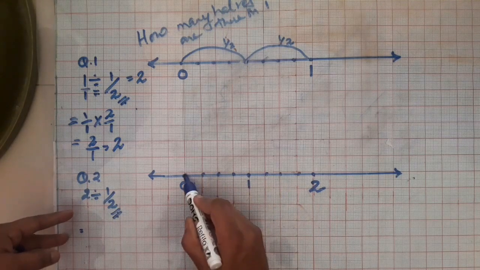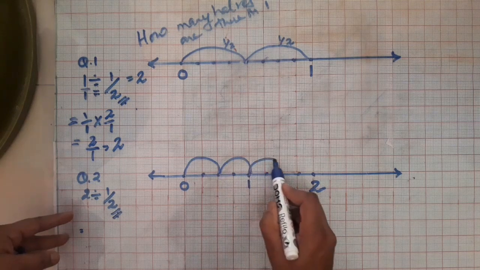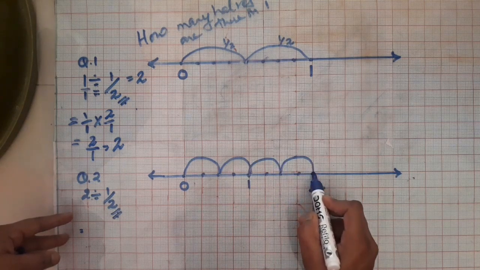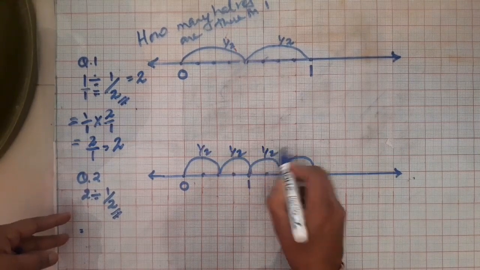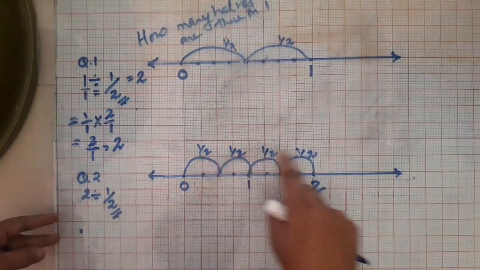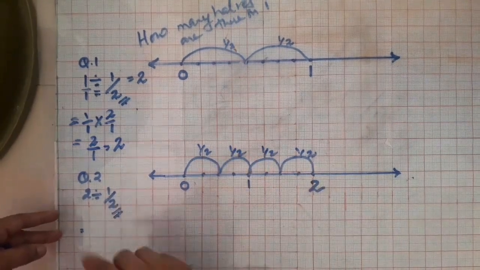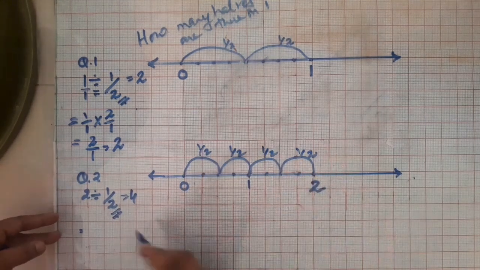This is my half. So 1 jump, second jump, third jump and 4th jump. This is half, this is half, this is again half, and this is also half. So how many halves are there in 2? So there are 4 halves in 2.